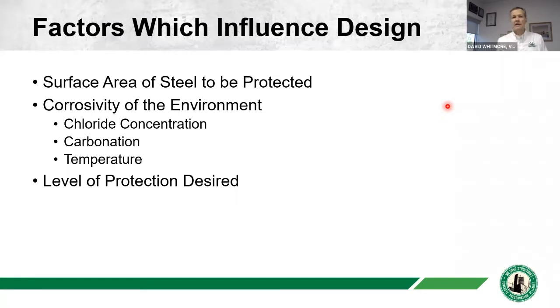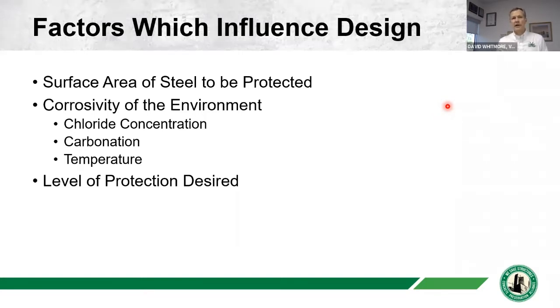A second thing that you need to consider is how corrosive is the environment. The more corrosive the environment, the higher the amount of current that you require in order to protect the steel. Some of the factors that influence corrosivity of the environment are chloride concentration, the degree of carbonation, the temperature, among other things.